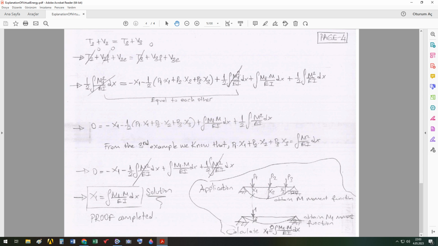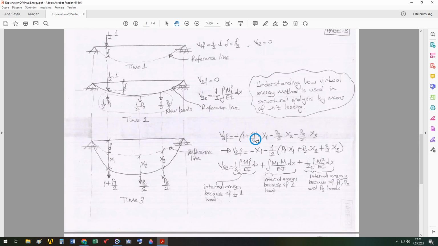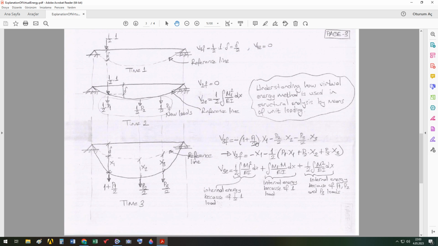x2, x3, or any displacement or any rotation is calculated in the similar way. Here, the development or the invention is one guy invented this unit loading and writing this 3 times.